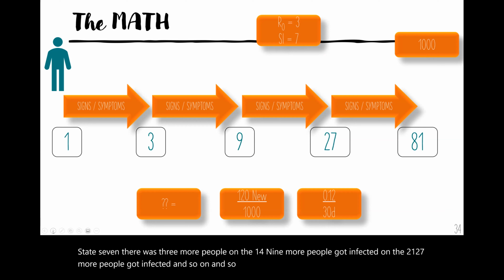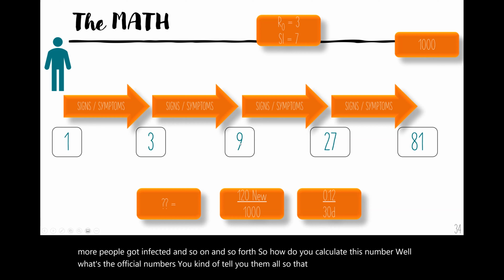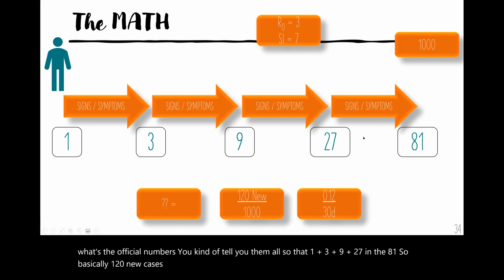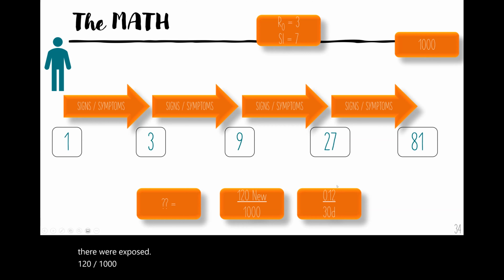So how do you calculate this number? You actually have to tally them all: the 1 plus the 3 plus the 9 plus the 27 and the 81. That's basically 120 new cases, out of the 1,000 people that were exposed. Now, 120 divided by 1,000 is about 0.012.